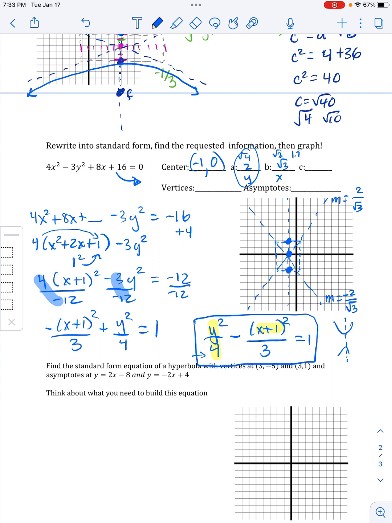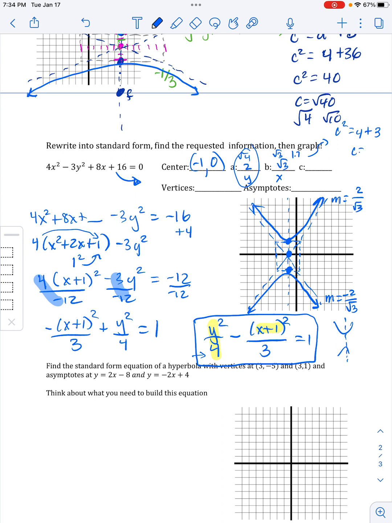We need to find where our foci will land. I already know that if this is going to be one of my curves, my focal points have to be on the inside of that curve and the outside of the box. So let's see how that plays out. To get c, remember, we do c squared equals a squared, which was 4, plus b squared, which is 3.